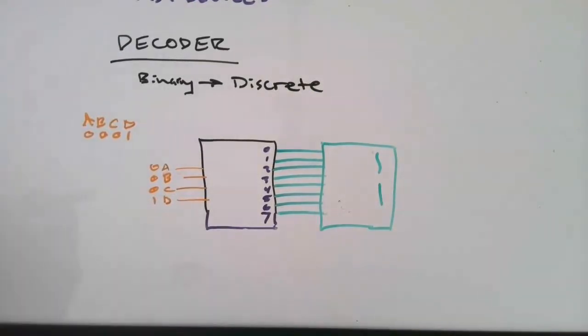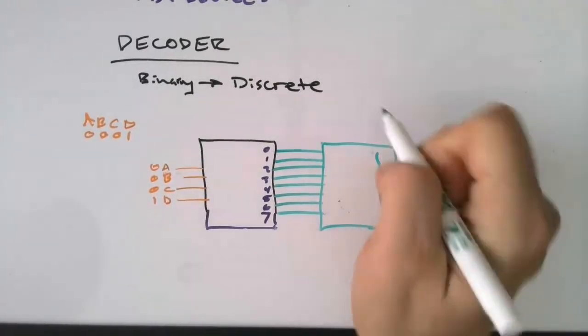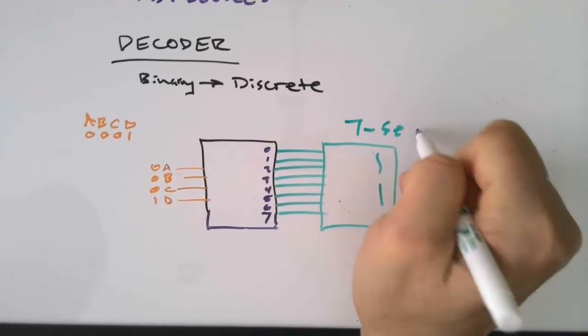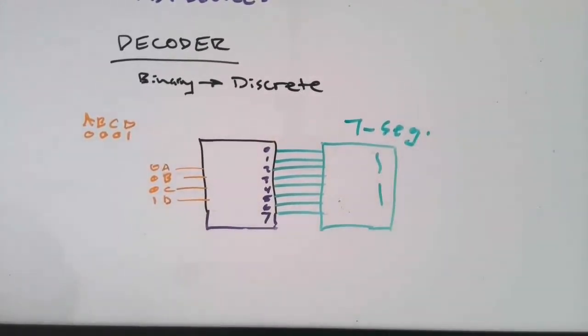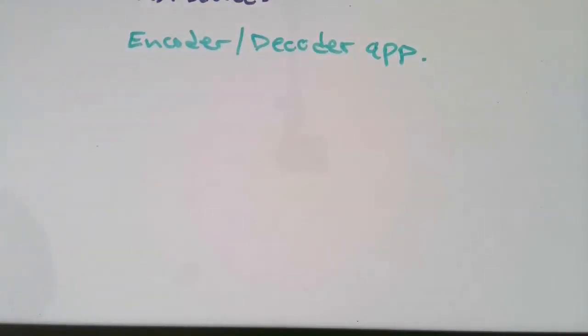So this is an example of a specific kind of decoder, in this case, a 7-segment decoder, which is what we typically think of when we're looking at LED displays. Now, when I was working in the robotics industry, there's an actual application where I had to use an encoder and a decoder.